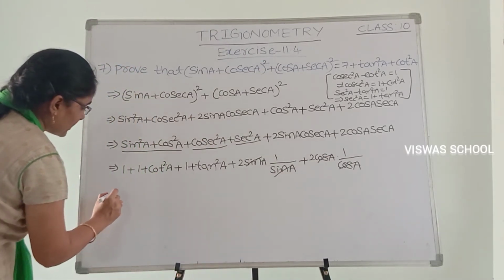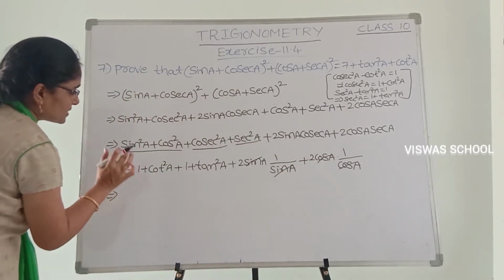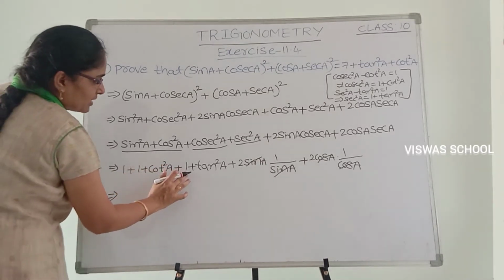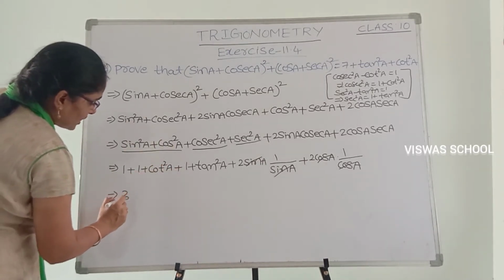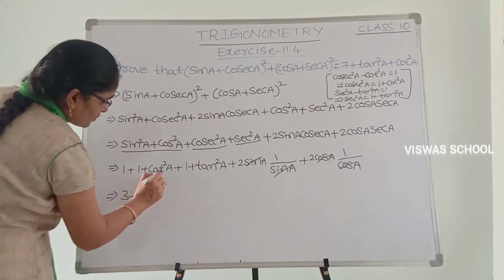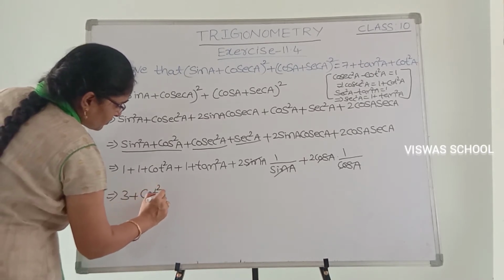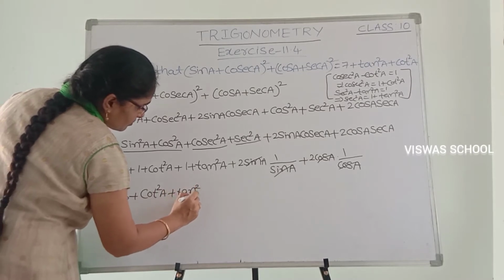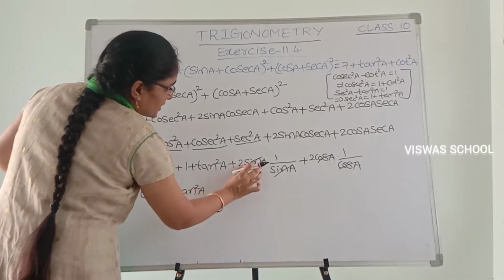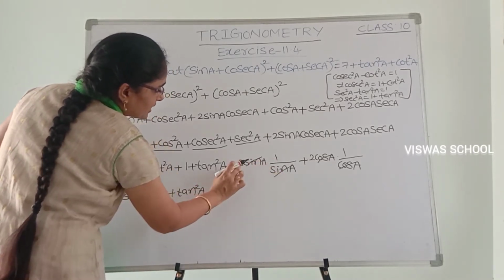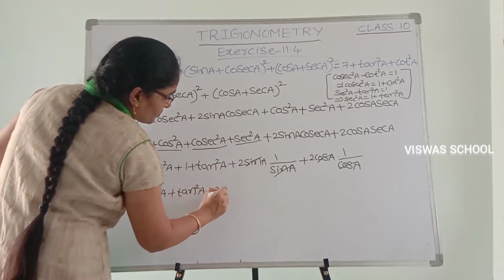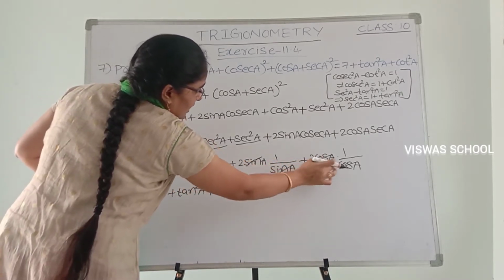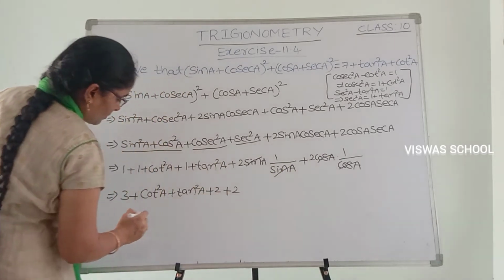Now what are the remaining terms here? 1 plus 1, 2. 2 plus 1, 3. Here 3 plus cot square A, and here tan square A. Here plus 2, only sin A cancels, remaining is 2. Here also cos A cancels, remaining is 2.